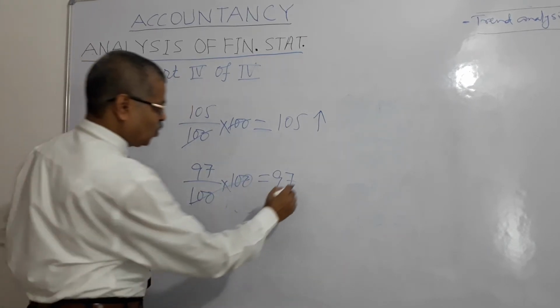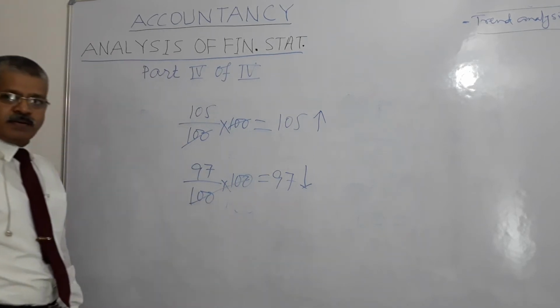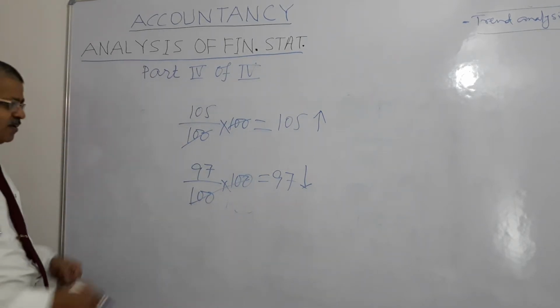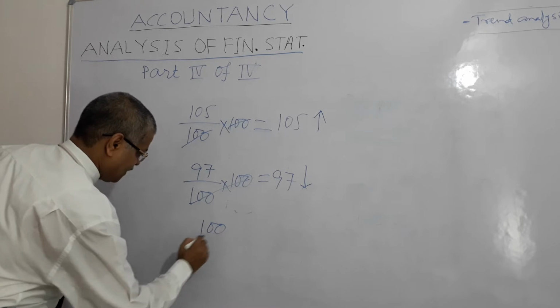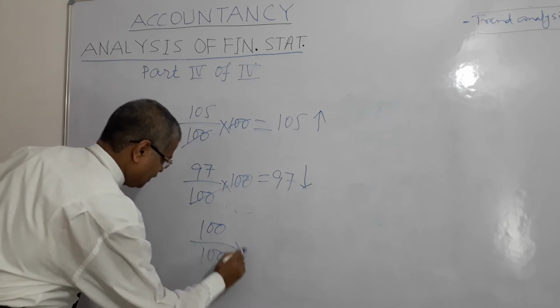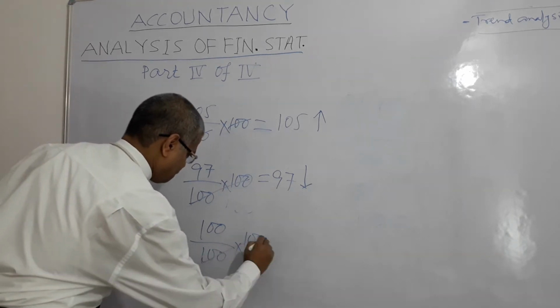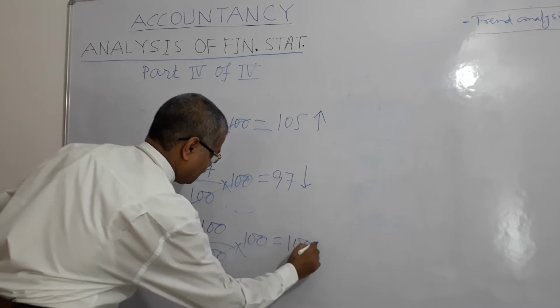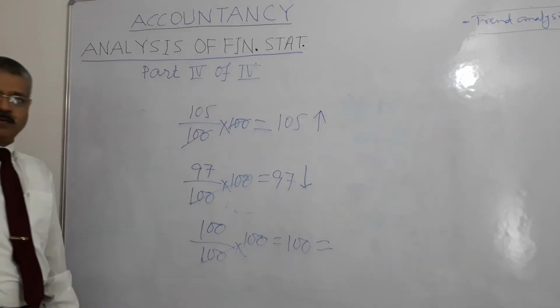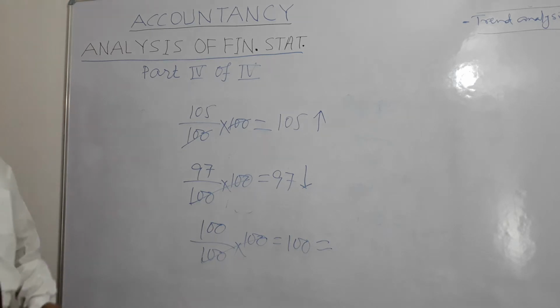So it has gone down vis-a-vis the base year. And suppose the present year value happens to be 100, and the base year is 100. So we get 100, which means the trend is constant, it doesn't change.